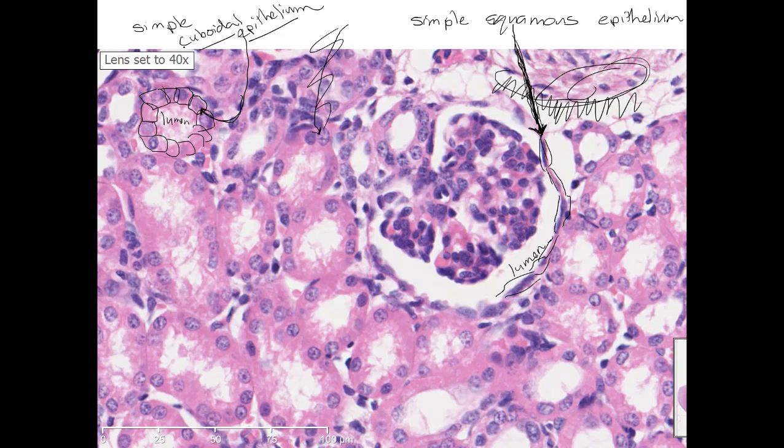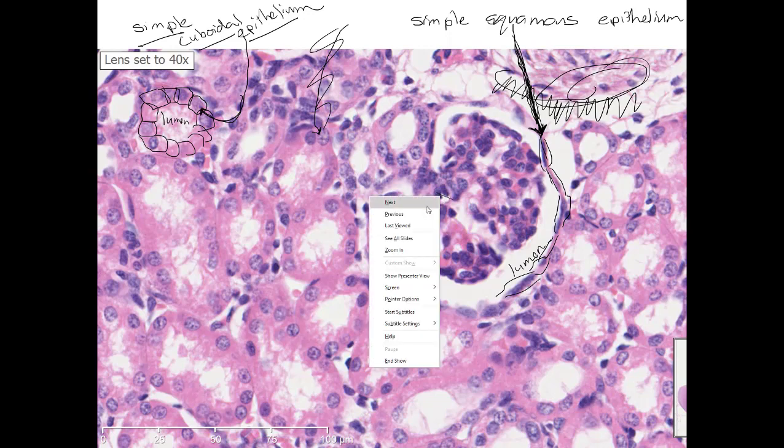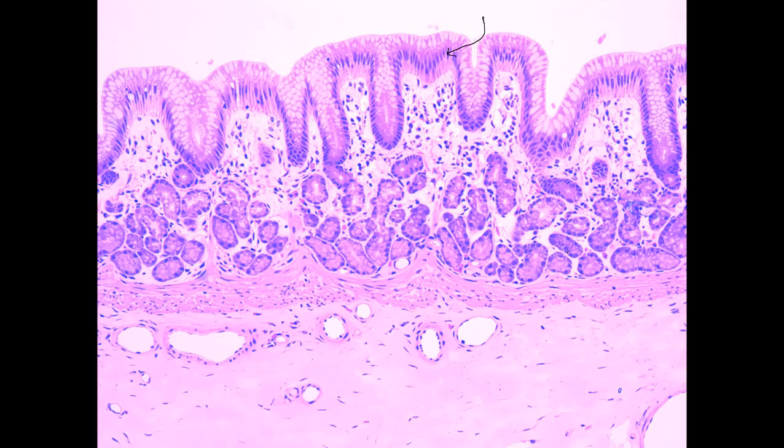Identify an organ that has this simple cuboidal epithelium. Thyroid, awesome. Kidney, awesome. Kidney tubules, I'll accept that. Yeah, good. Okay, good. All right. Renal tubules is the more correct term for that, but I'll accept that for now.